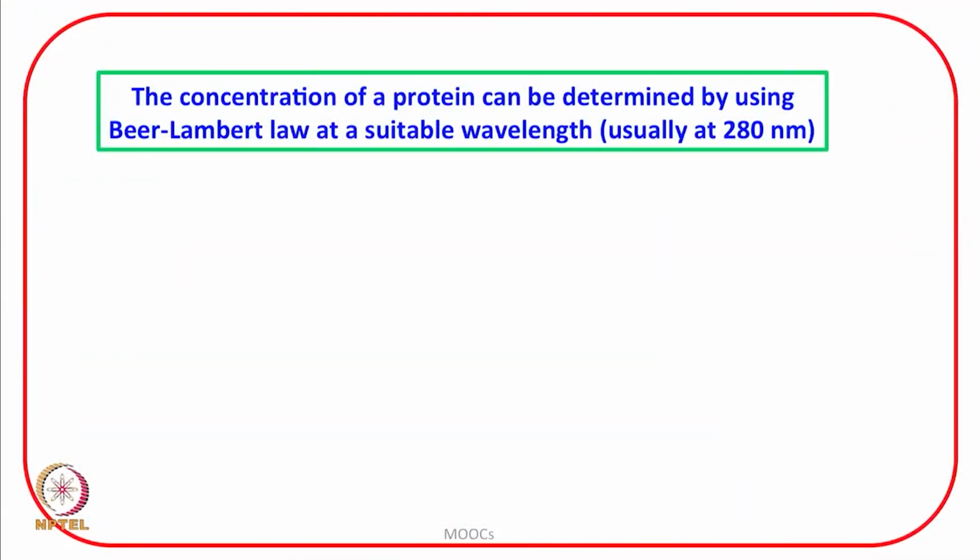Now, let us look at this slide. Before we start any experiment, we need to determine the concentration of the protein, or the nucleic acid, or any biological macromolecule that we are interested in. The concentration of a protein which has tryptophan residues is usually determined by absorbance measurements at 280 nanometer.